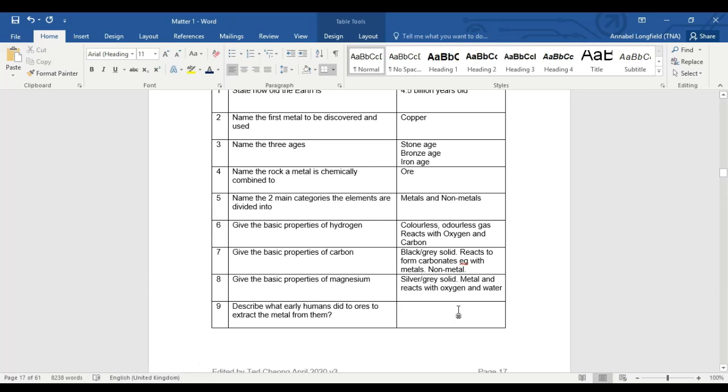The early humans managed to extract metal from ores by heating the ores to chemically separate the metal from the rock.